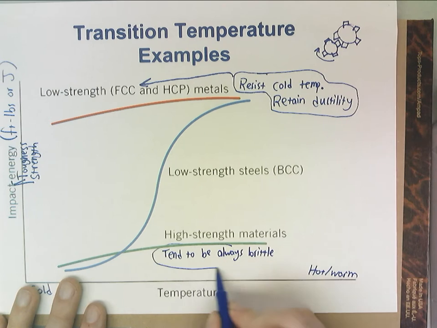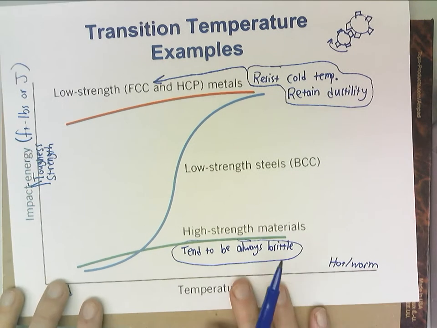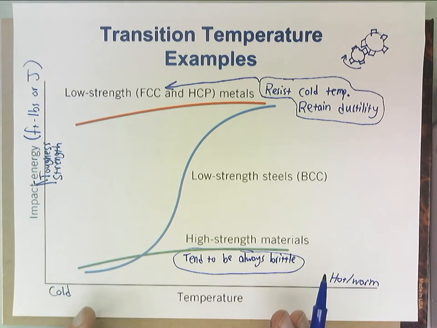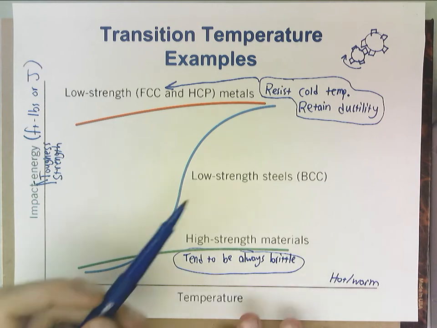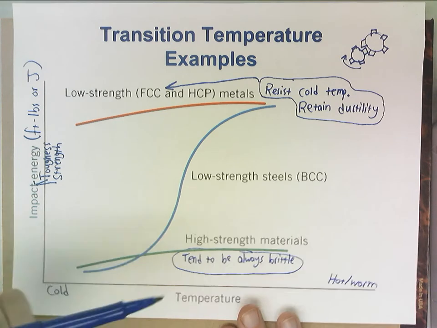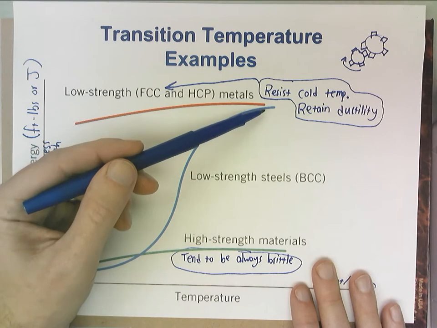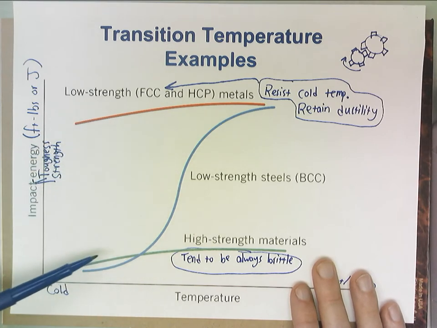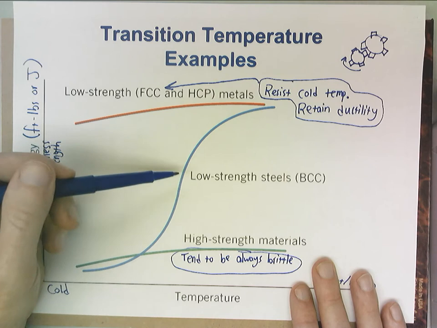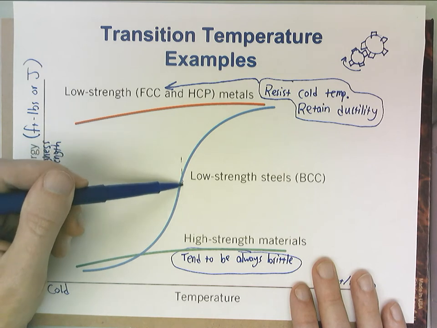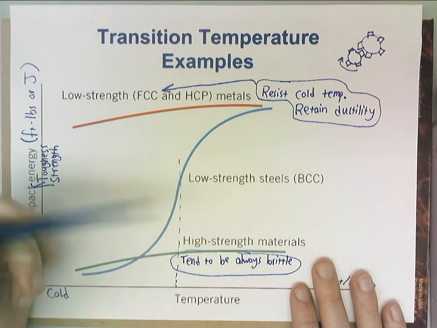Okay, well that's well and all good, but where we discovered with our ship sinking, going back to that example, this behavior, we get a transition from high impact energy down to low impact energy, usually at the halfway point.